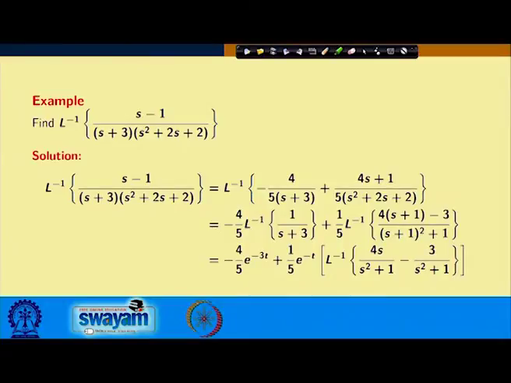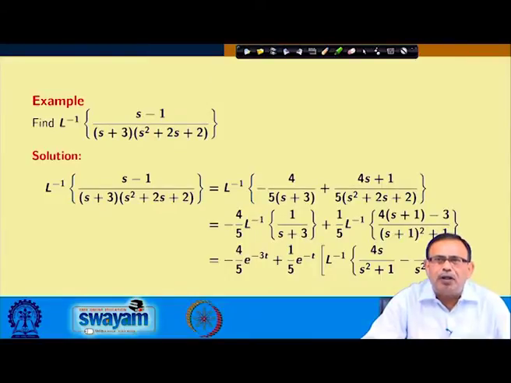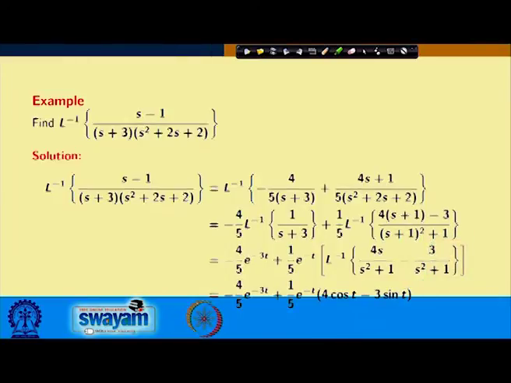Although in the denominator I had s plus 1 whole square plus 1, I am writing it as s square plus 1, and similarly for the rest, that is 3 by s plus 1 whole square plus 1, using the property I can write it as this, and from here I can obtain the desired result.